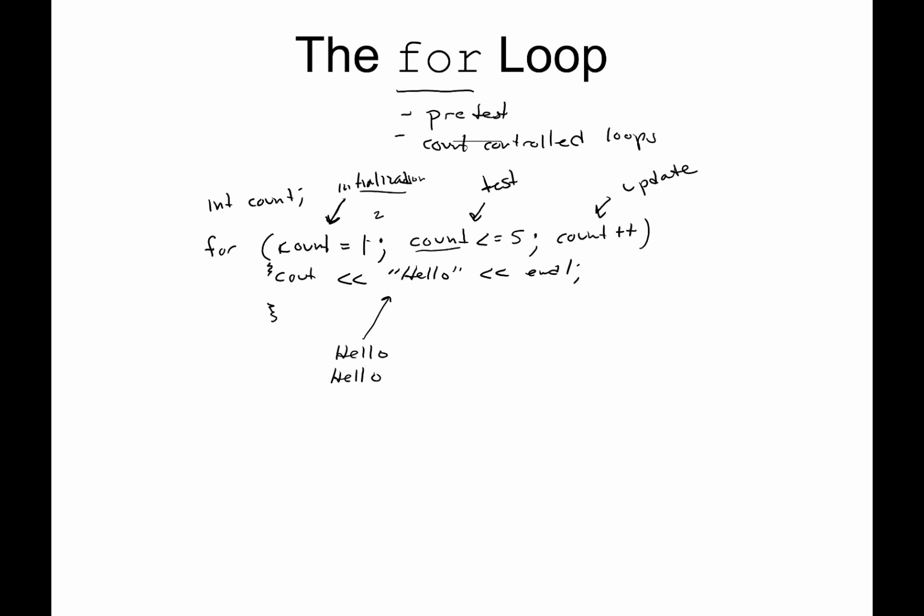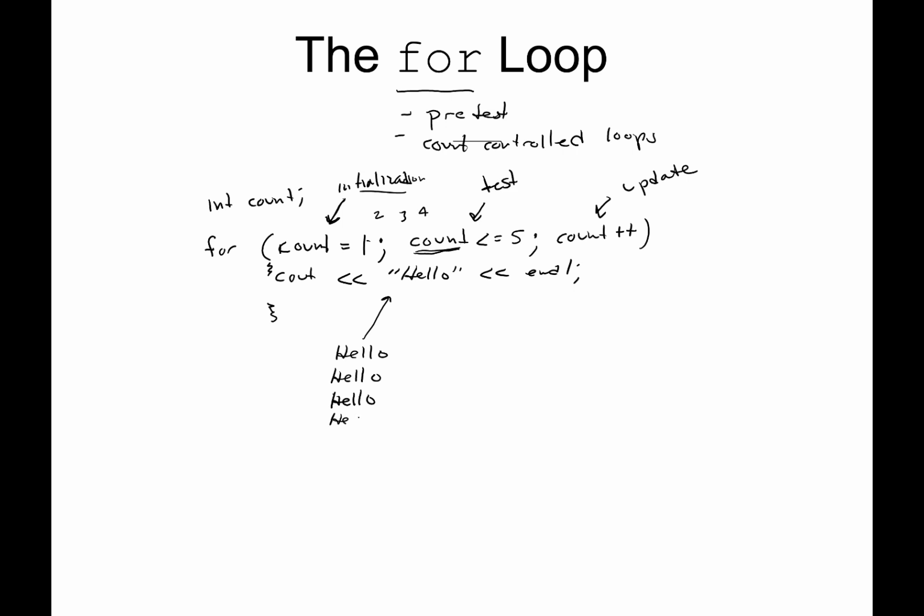So it's going to print another hello, and then it's going to increment the counter again. So now the counter's at 3. First it's going to increase the counter to 3, and then it's going to test the condition. 3 is less than or equal to 5, so it'll print out hello again. Then it's going to increment the counter again, so now it's 4.